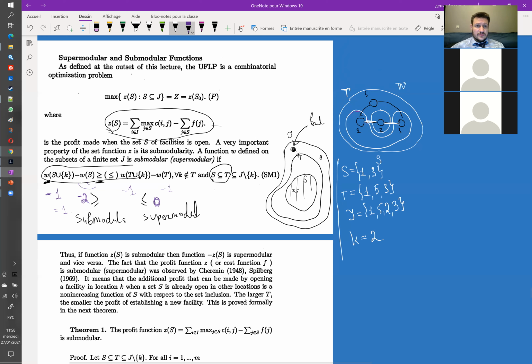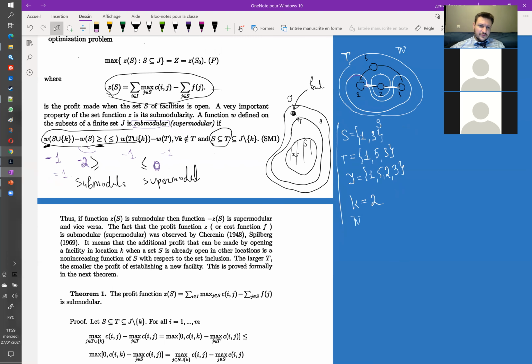So it means that if we define it in such a way, this function, the number of clusters here, is submodular. And we can imagine the situation when it is supermodular, for example, when many components is better than the situation when we have only one component.